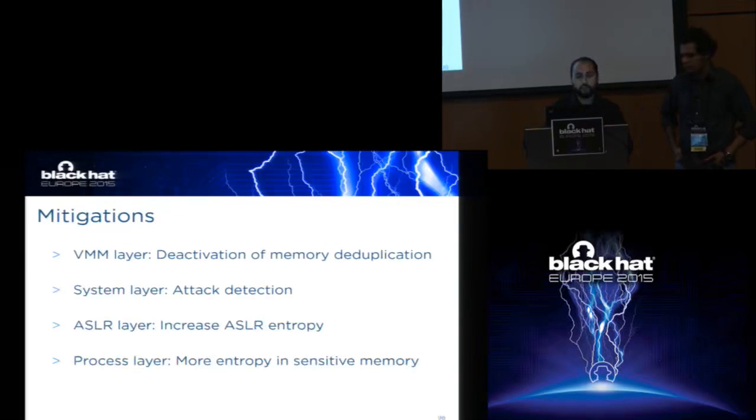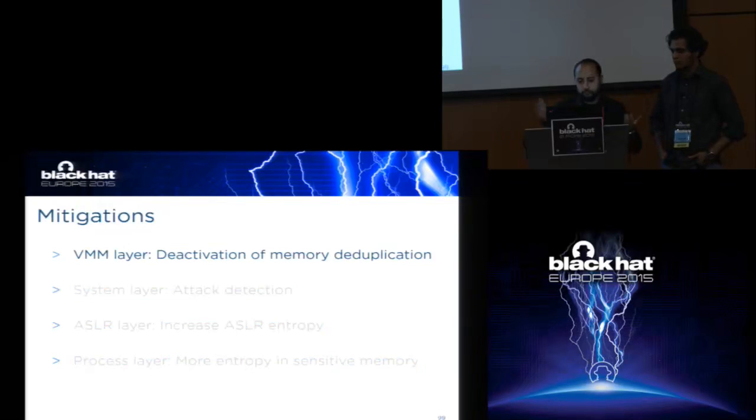So in the case of code pages for ASLR, there might be certain compile-time techniques, or you could make sure that this first page doesn't have only the image base field that introduces entropy, but maybe introduce some additional randomness in it, and so forth. But for the time being, unfortunately, this is the only thing you can really do. So if you think it's a problem, you should deactivate memory deduplication.